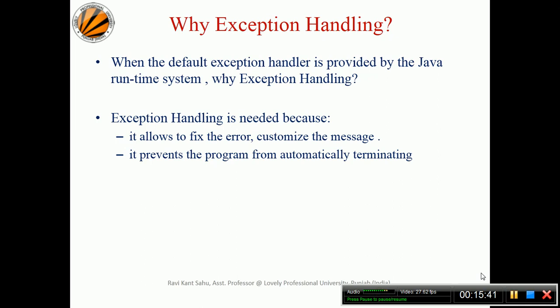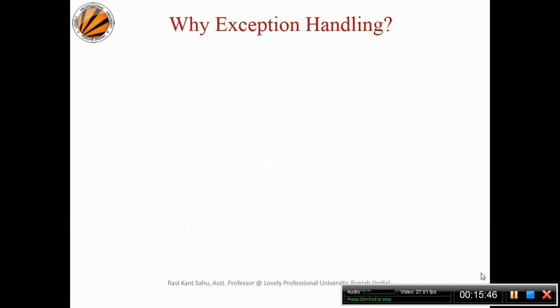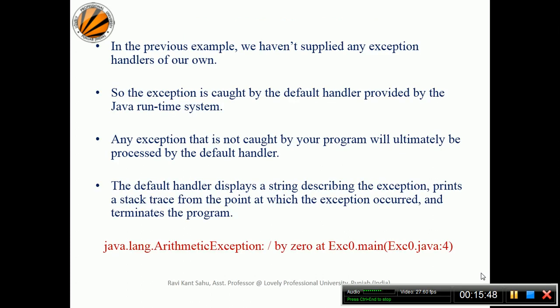You can consider it in this way also. Suppose you are writing a normal program of divide by zero. If a non-computer science student or person sees this last line, he will have no idea what the problem is with his or her code, when he is just trying to execute it.